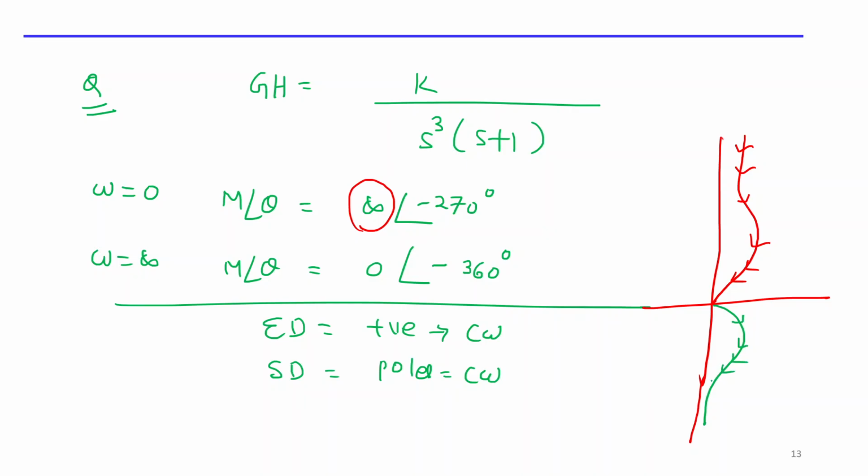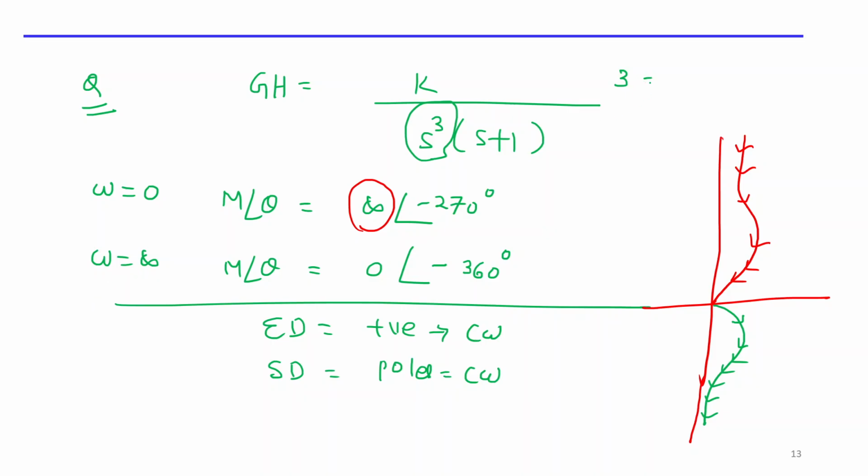Same direction to follow. How many infinite radius half circles are there? We just see how many poles are at the origin. 3.